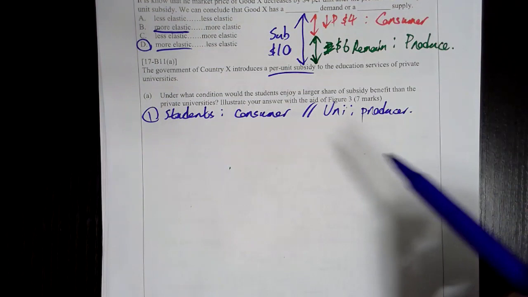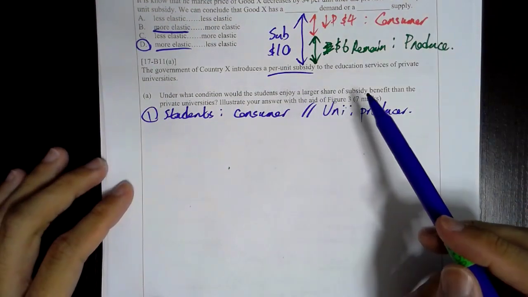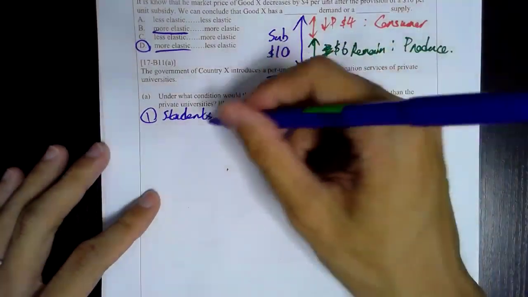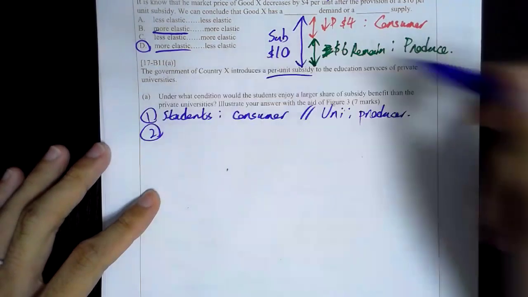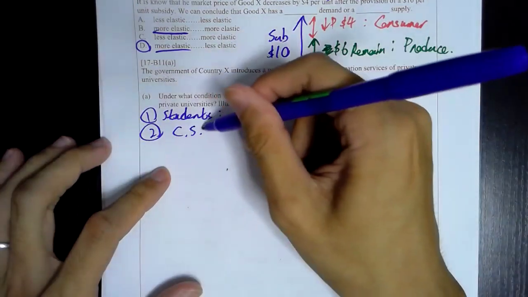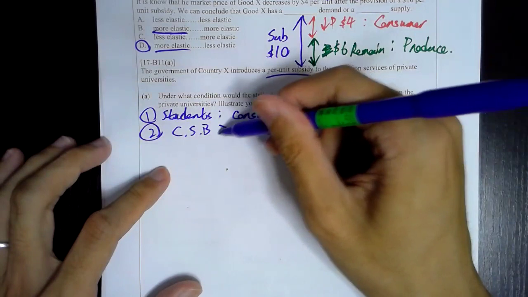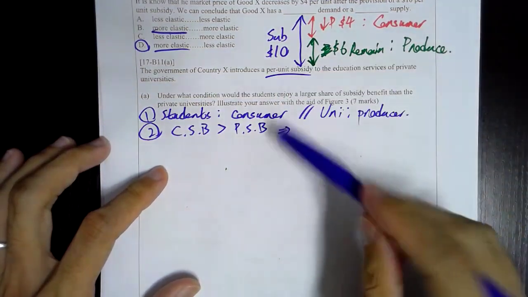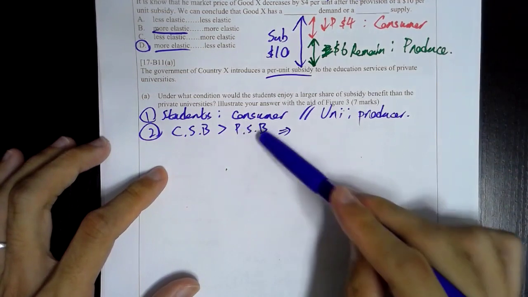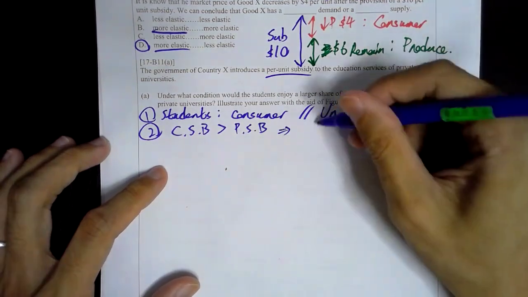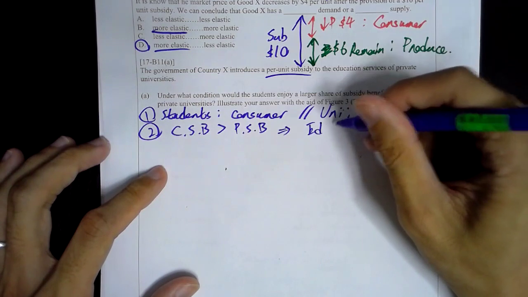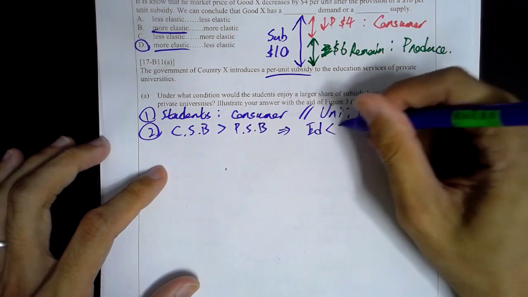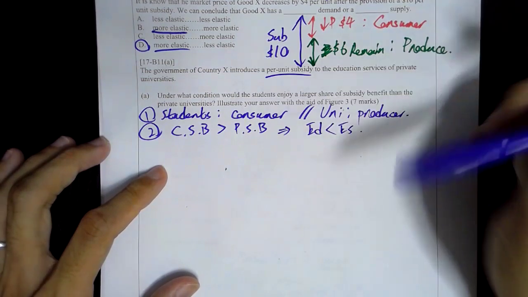Now it says students' larger share, so it means that consumer subsidy benefit needs to be larger than the producer subsidy benefit. And if you remember, whoever more elastic, eat less. Producer eats less, so producer has a more elastic supply.